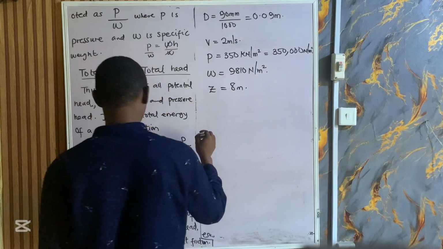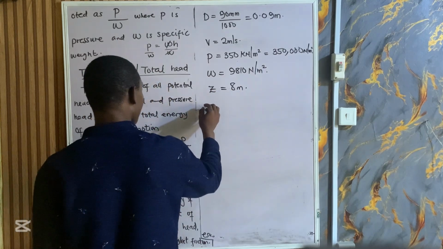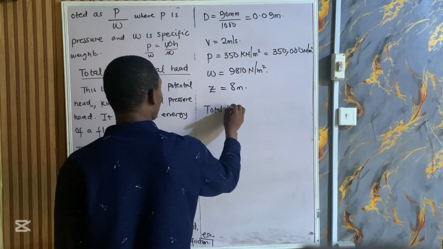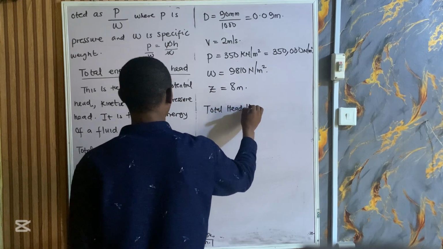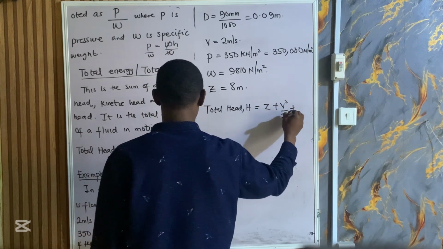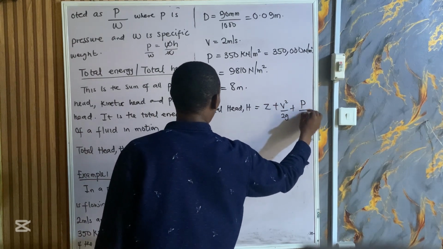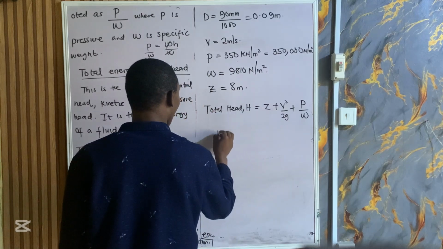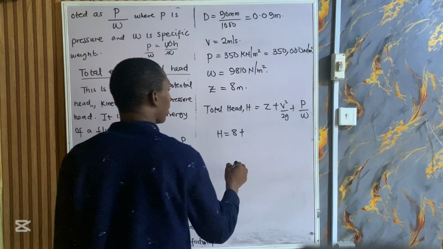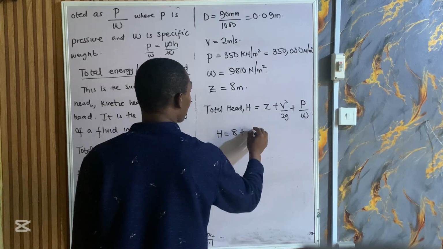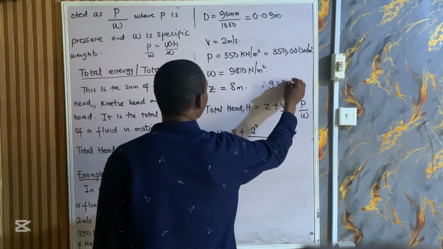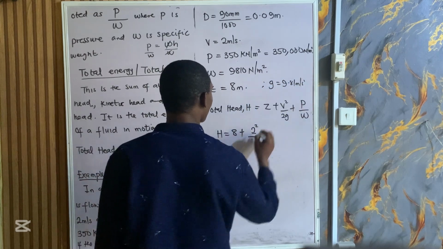So we can therefore say the total head H is given as Z plus V squared over 2g plus P over W. So our H, total head, is given as our Z, which is 8, plus V, which is 2 squared, over 2g. g is a constant, which is 9.81 meters per second squared.